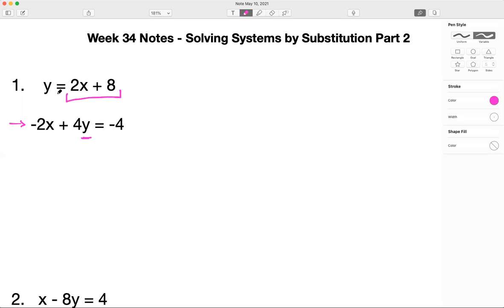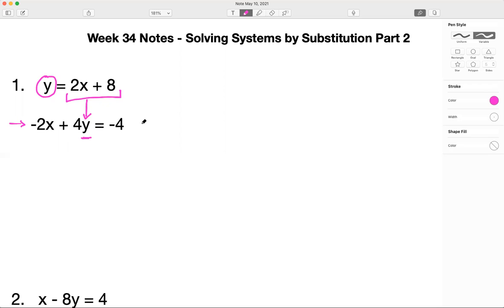And so what I can do is take this y and substitute it in right here. But what does this y equal? It equals 2x plus 8. So what am I going to do? I'm going to take 2x plus 8 and sub it in right there for y.